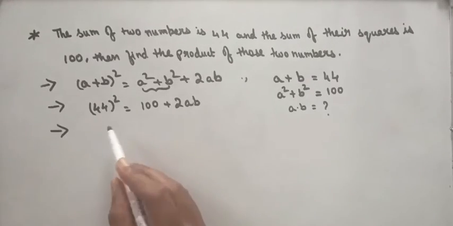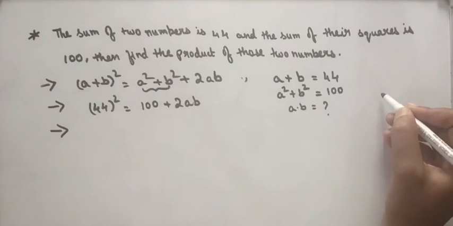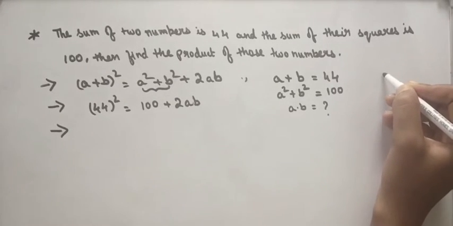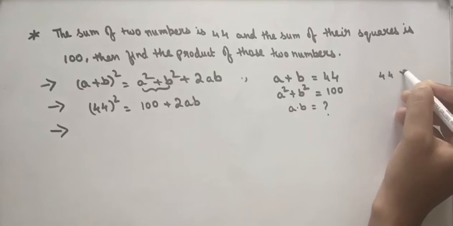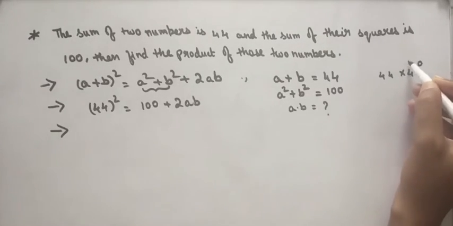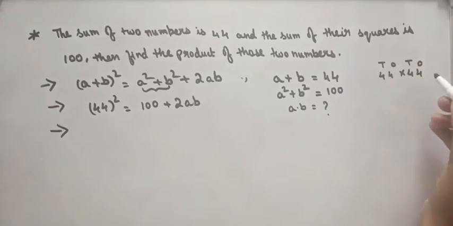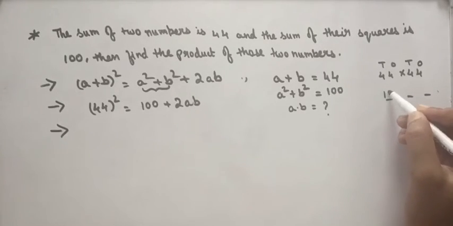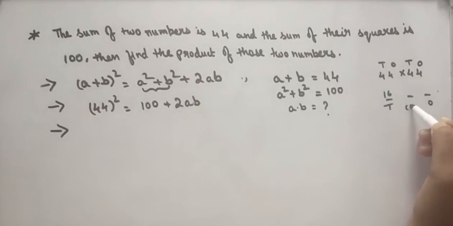Now 44 into 44 is how much? We have already learned, right, how to do easy multiplication. 4 fours are 16.